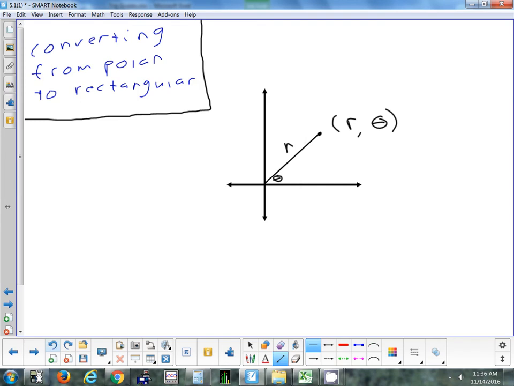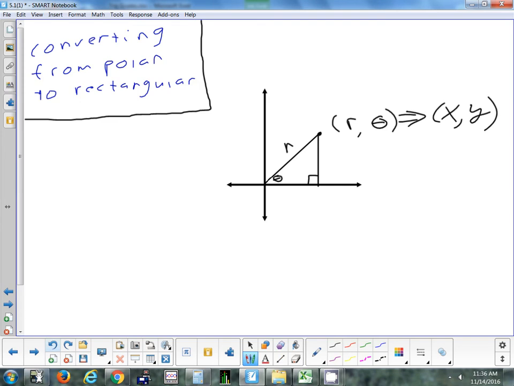From the end of the radius down to the x-axis. Yeah, so from the end of the radius, and specifically I'm going to draw it perpendicular because John said make it a right triangle. All right, so there's my triangle. Now, in order to convert this point into an x and a y value, what I need to find is two sides of this triangle.